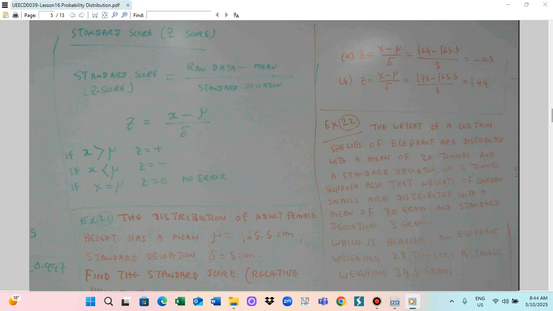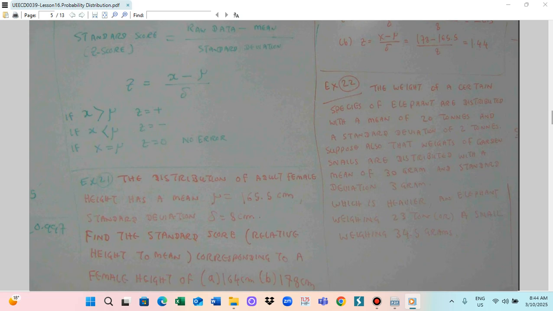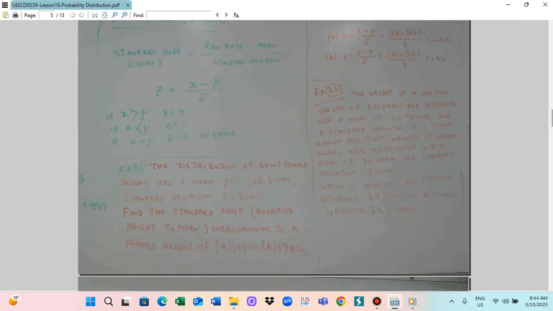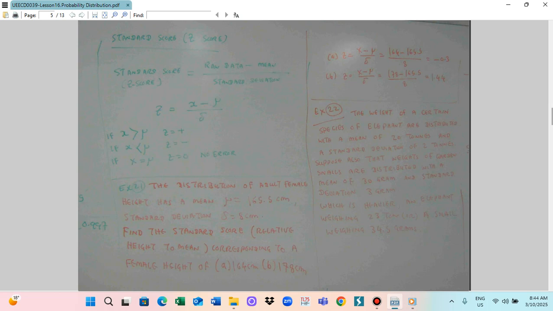We have to find the standard score corresponding to a female height of 164. Then you need to calculate Z. Also, when x is 178, you need to calculate Z.